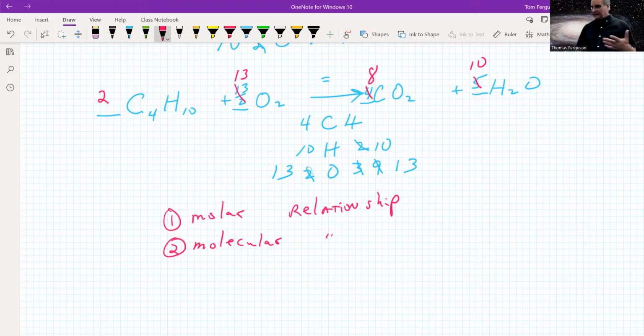So what they mean by that is 2 moles of butane will react with 13 moles of oxygen gas, gives us 8 moles of carbon dioxide and 10 moles of water. Or 2 molecules of butane plus 13 molecules of oxygen will yield 8 molecules of carbon dioxide, 10 molecules of water.